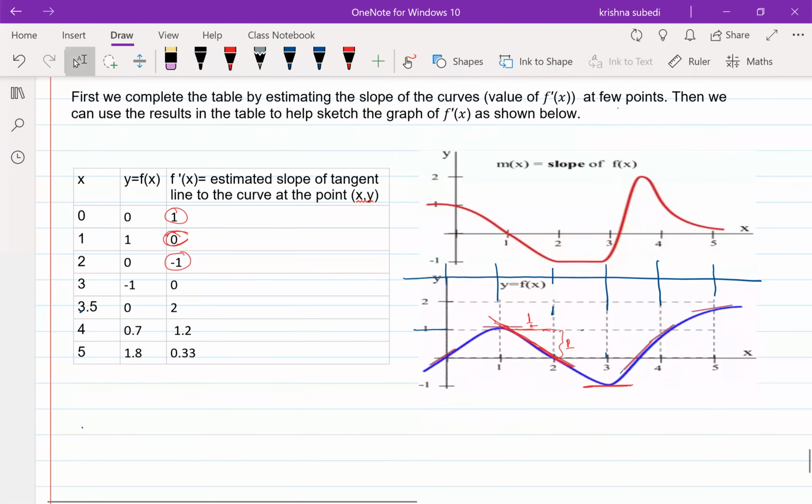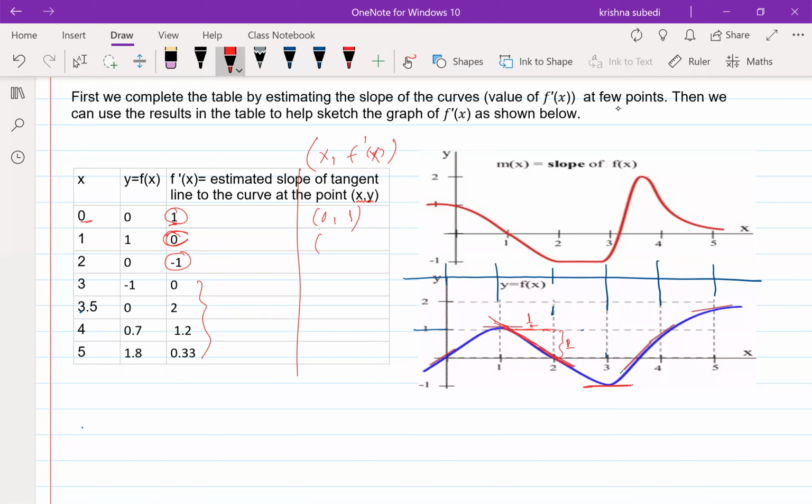Okay, now in the same way, you can just estimate the slope of the tangent line, and I have estimated at those points, and then let us draw the graph for the derivatives. Now, if you want to draw the graph for that derivative function, then you need to write down your points. x is 0, and your y value is 1, so 0 and 1. Remember, we're going to draw the graph of the derivative function, so the y value will be the derivative.